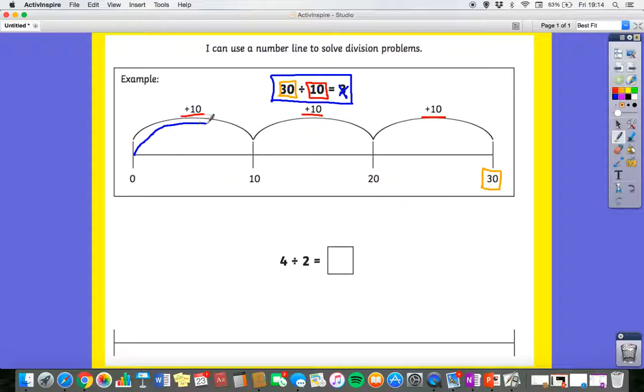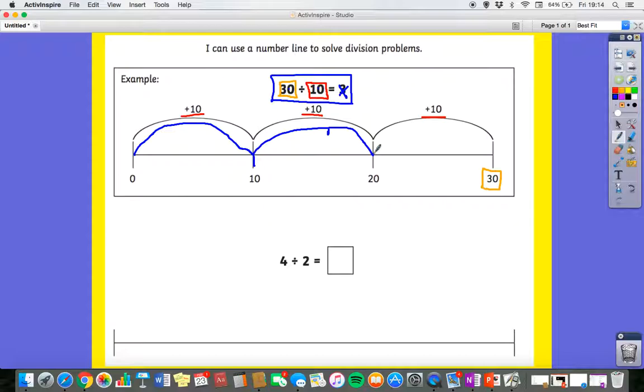So I've got one jump, and you have to make sure you write the first jump took me to 10. So really I'm counting tens, groups of. These are all multiples of 10: 10, 20, 30 are all in the 10 times table. Okay, so one jump to 10, two jumps to 20. Sorry about this little line here, I'm trying to use a trackpad instead of a mouse, it's quite tricky, never mind.